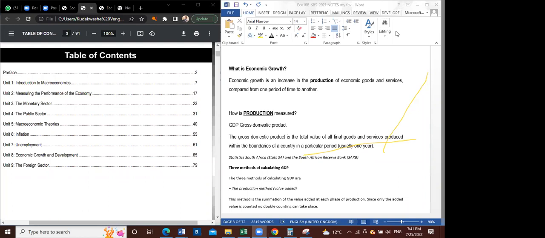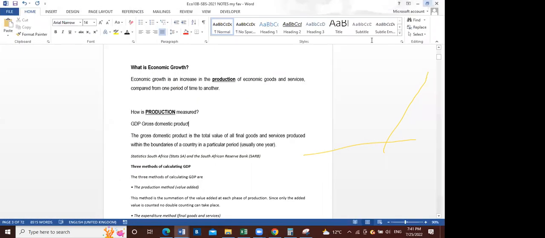So production is measured using a key metric, which we refer to as gross domestic product, better known as GDP, I'm sure by now. You have heard about GDP more often than not, especially when the finance minister is presenting their budgets, as well as when the Reserve Bank governor is doing their monetary policy reports.